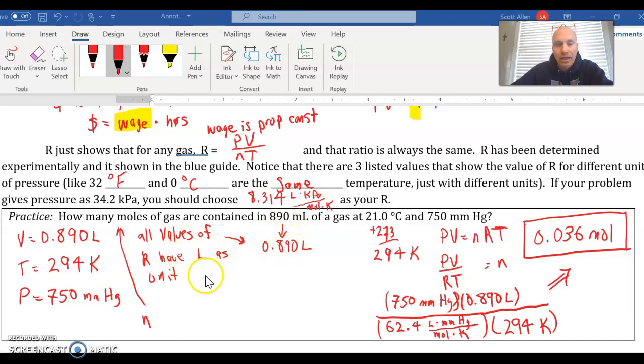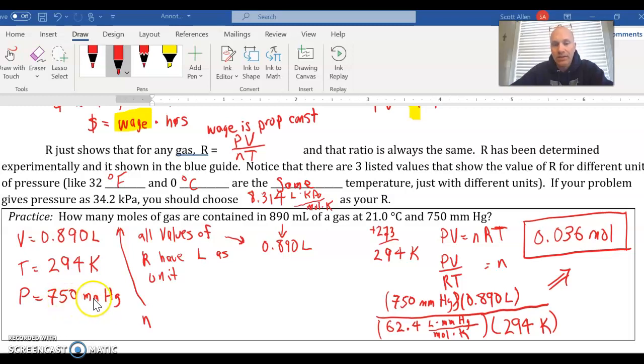And if you look at the problem, how many moles? Moles is n, so that's what we don't know in this problem, and everything else we can pull out. Notice that your temperature is in degrees Celsius. In all gas problems, this needs to be in Kelvin, so that's going to be the value that we use for temperature.